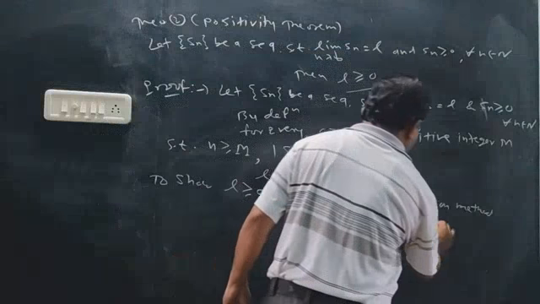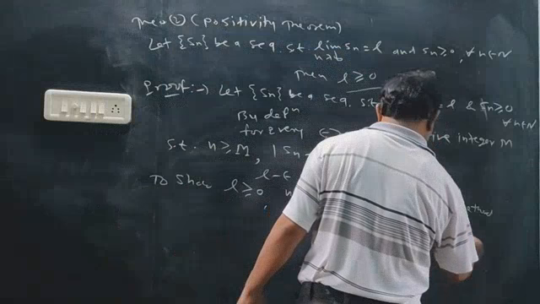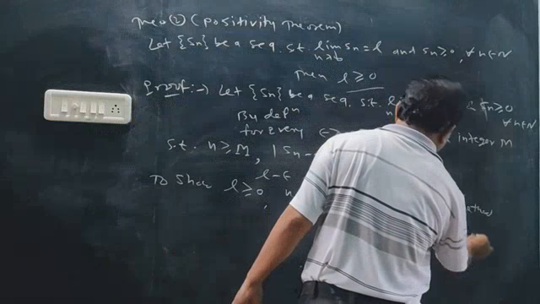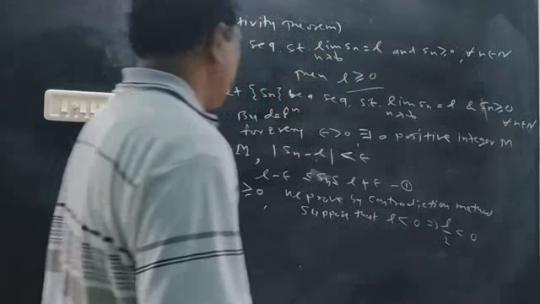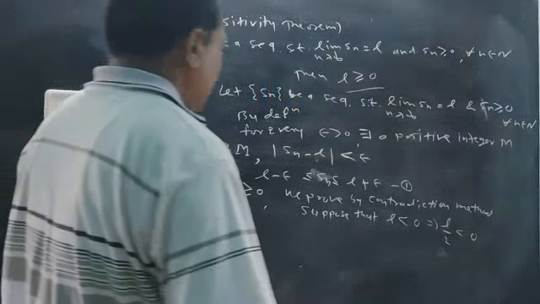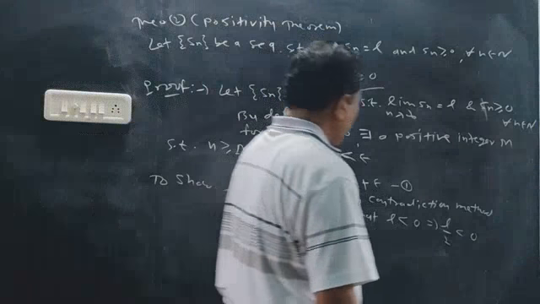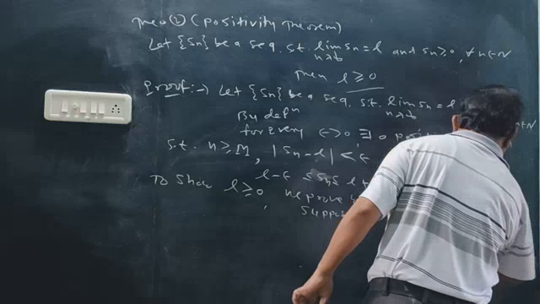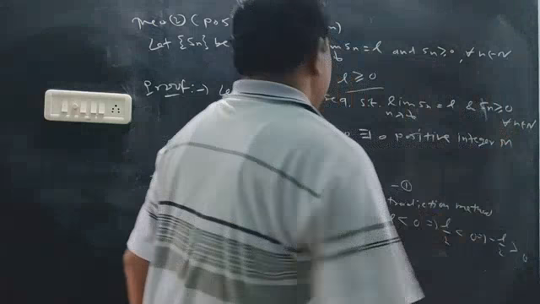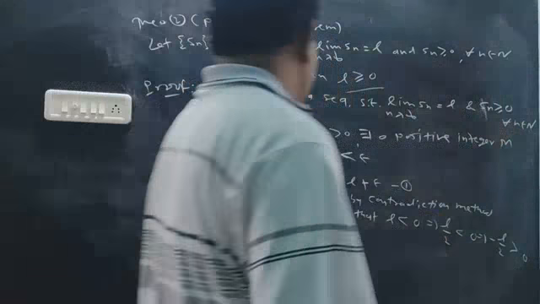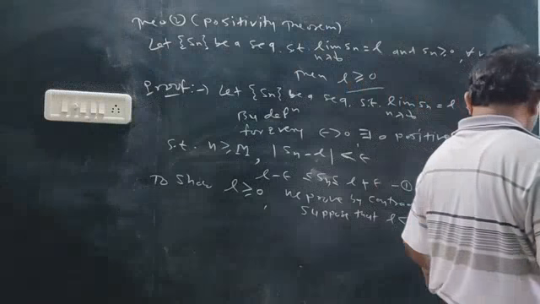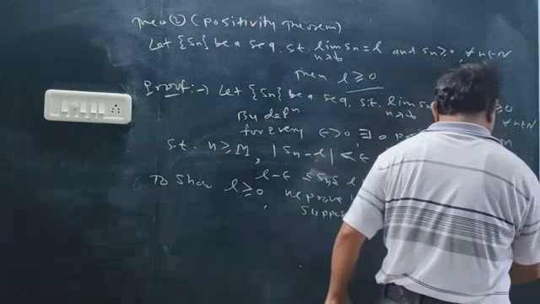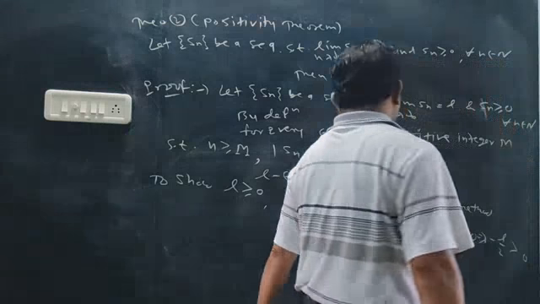L negative means L by 2 is negative. Therefore minus L by 2 will be positive. The sign changes: L negative, L by 2 negative, minus L by 2 positive.